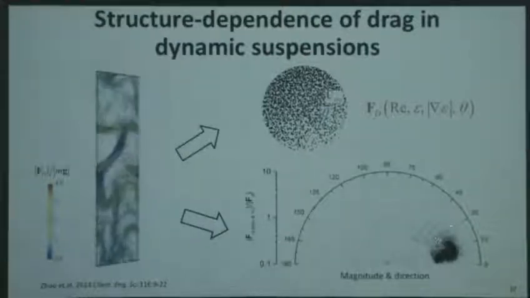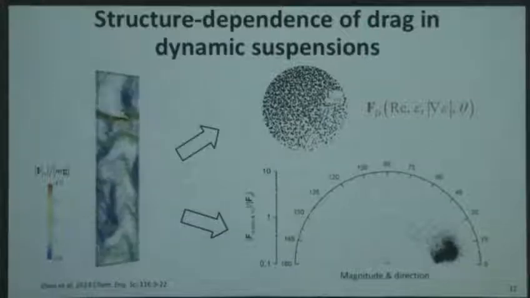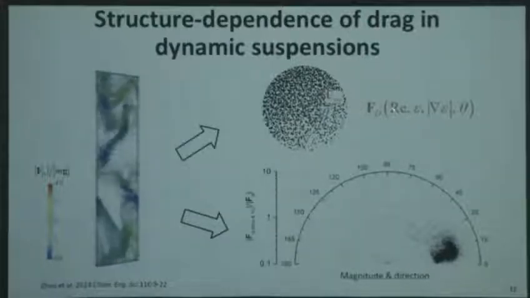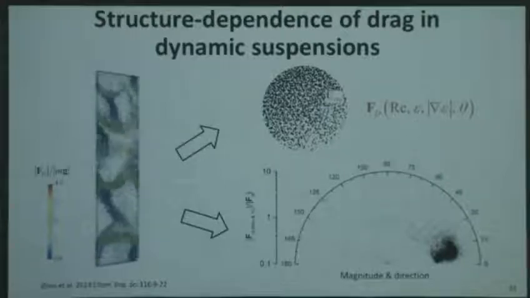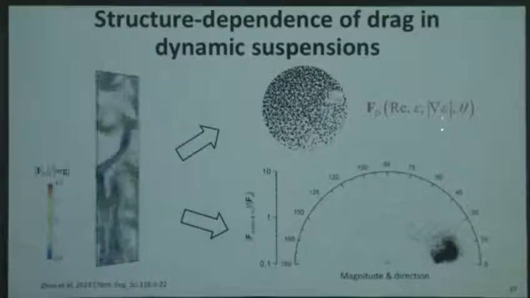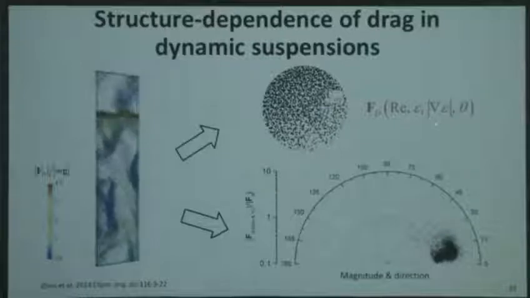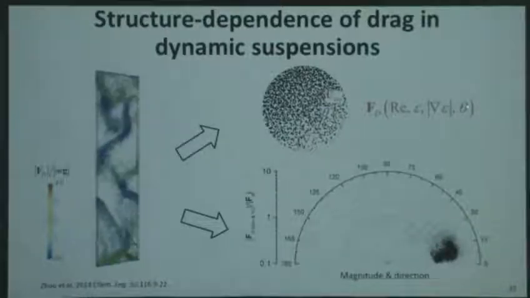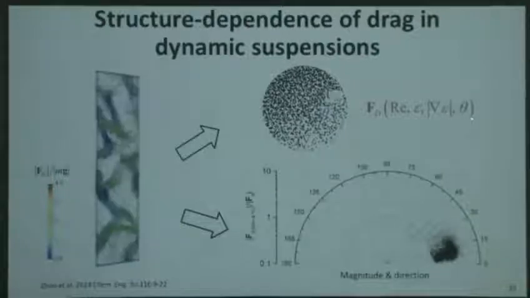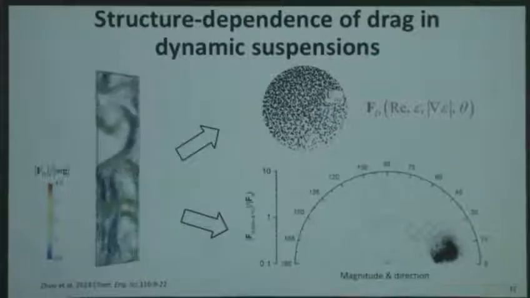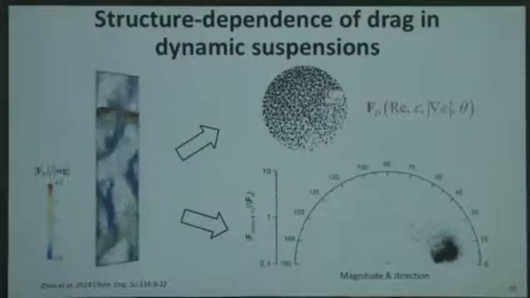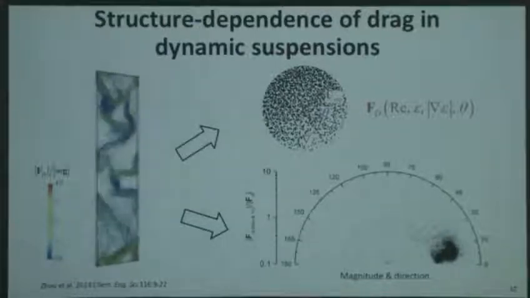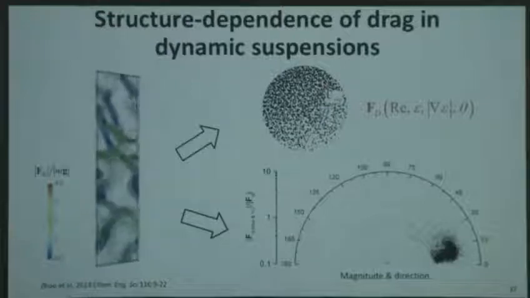So we proposed that maybe for structured drag, this drag law should, in addition to the Reynolds number and voidage, also consider the gradient of the concentration and its angle to the fluid flow. But this is only a form. We need to find the real correlation.